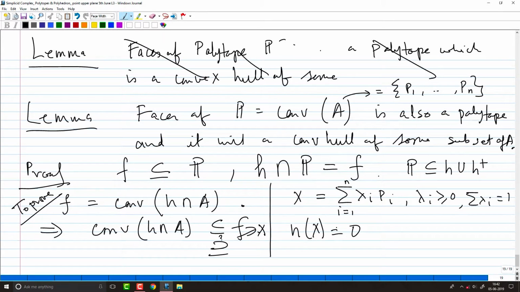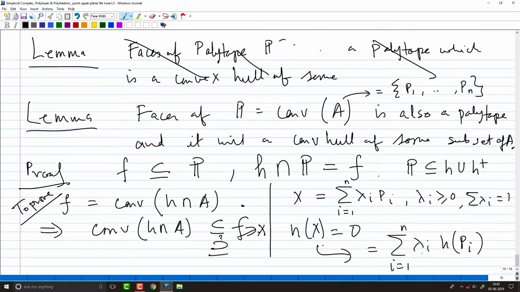X is a convex combination of the Pi's. So H of X is nothing but the summation, I can push H inside. This is something you have to verify yourself, but believe me, this is true. And this is just one line. You don't have to check, it follows from the definition. Okay, good.